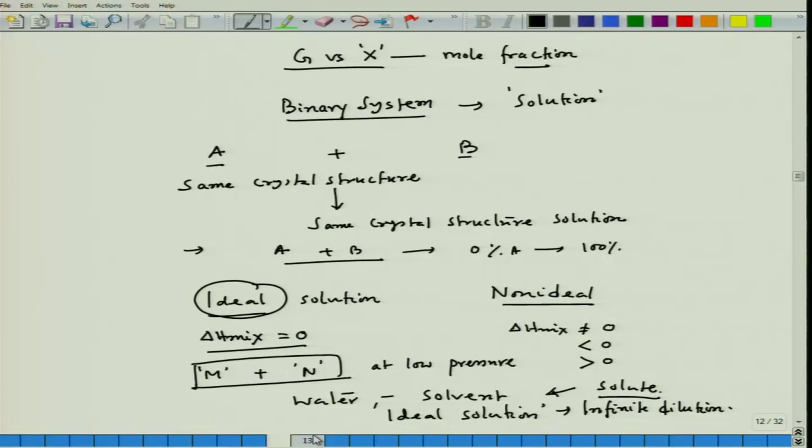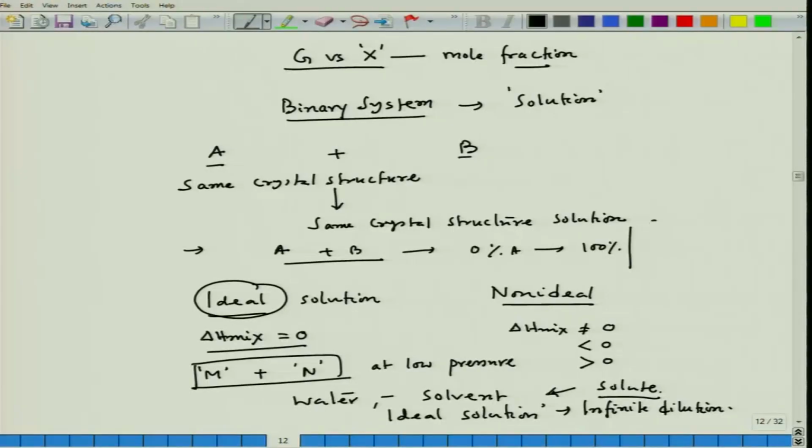Now, interestingly here, we are saying that it can be mixed in the entire region. That means we are going away from ideality, because ideality means it has to have a very low dilution, but that is also an assumption that we consider, that in the entire region the system would behave like an ideal solution. This is an assumption.